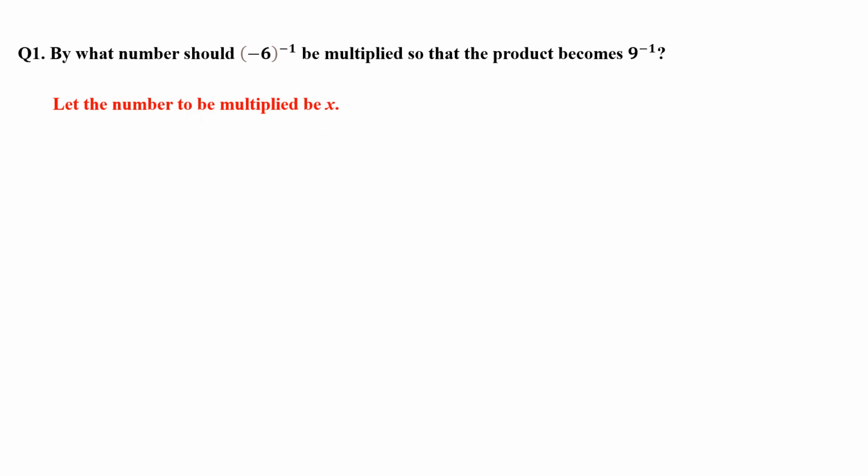So now what I will write from here? I am going to write minus 6 whole minus 1 multiply by x, and it says when you multiply it, it will become 9 to the power minus 1. Now I'm going to use the law a to the power minus m equal to 1 by a to the power m.